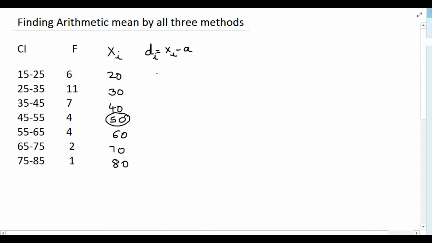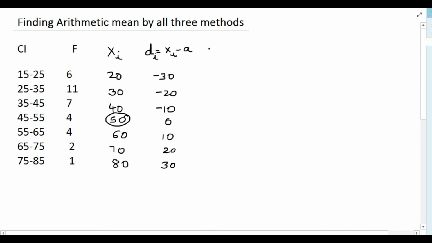So 20 minus 50 is minus 30. Again 30 minus 50 is minus 20. 40 minus 50 is minus 10. 50 minus 50 is 0. 60 minus 50 is 10. 70 minus 50 is 20, and finally 30. So di we need to use this in the assume mean method.